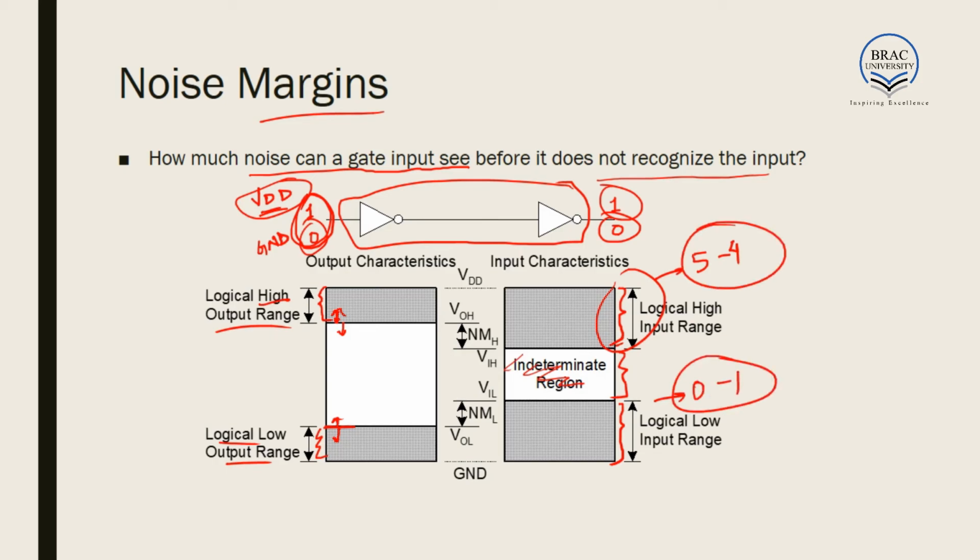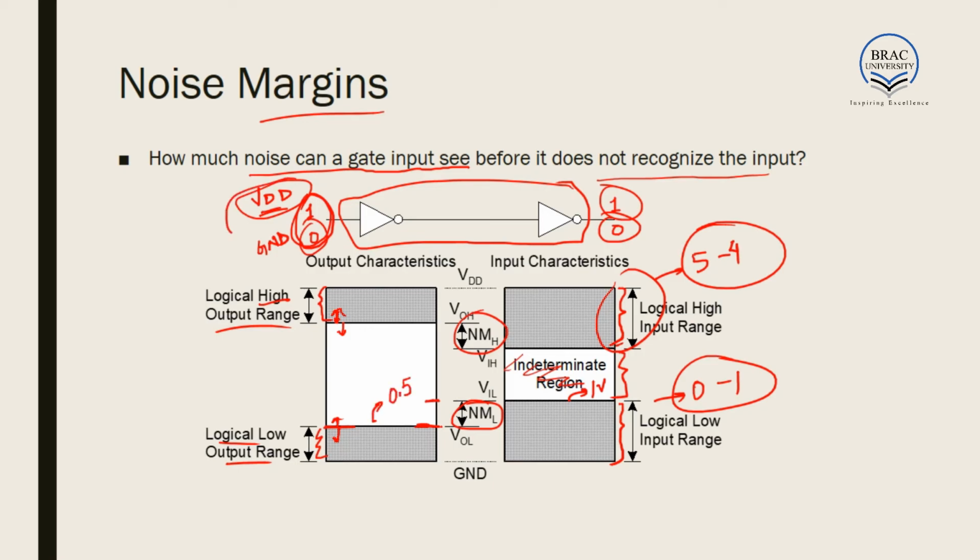Now, noise margin is the difference between the maximum levels. There are two types of noise margin, one for the high end and another for the low end. For the low end, the noise margin is the difference between the maximum level of the output that we consider as low and the maximum level of input that the gate recognizes as low. For example, suppose this is 1 volt and this is 0.5 volts.